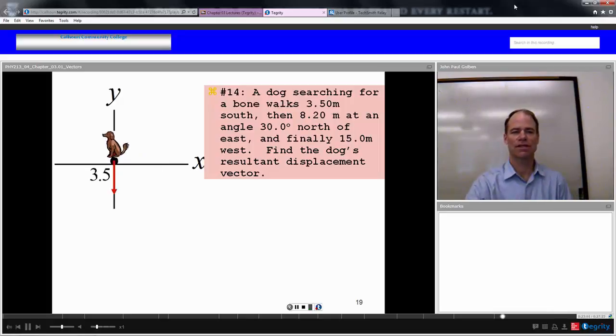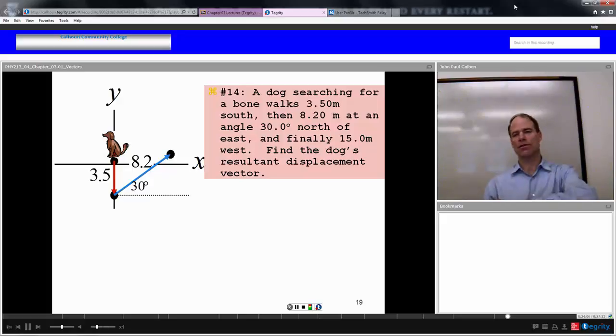So we can think of this. Here's our dog moving 3.5 meters south. That would be one vector. And then 8.2 meters at a 30 degree angle north of east. So I look at east first, and then I go 30 degrees north of it to determine the direction of this vector. That's the way you have to work.